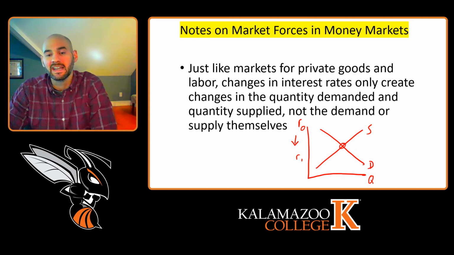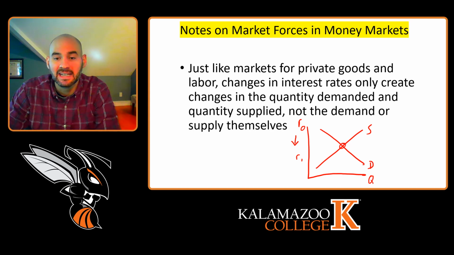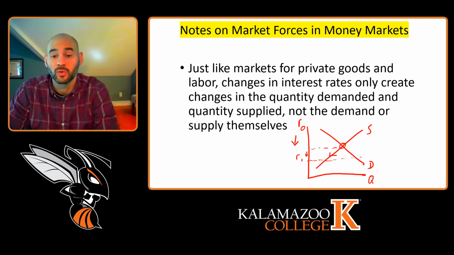So if we start off at equilibrium, for example, and interest rates decrease, they move down to R1, then we're going to see a decrease in the quantity of financial capital, of money supplied, and an increase in quantity demanded, an increase in the amount of loans which are requested.